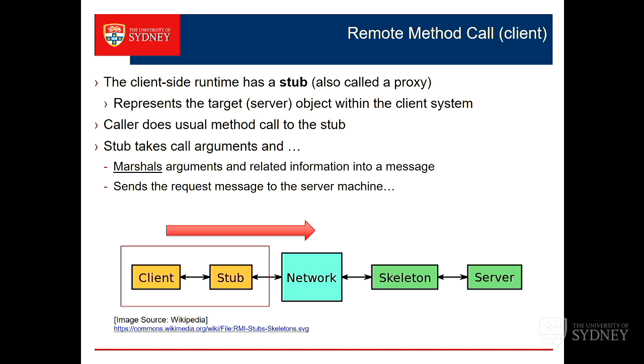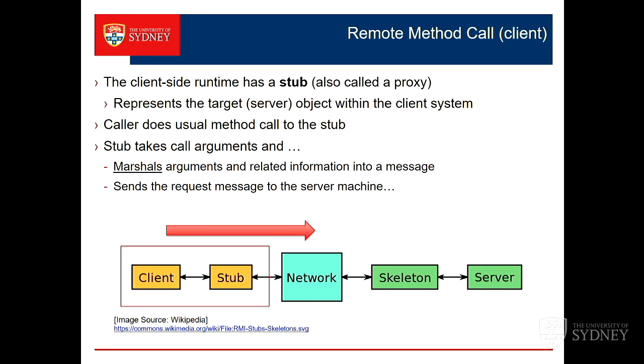The magic word is marshals. That's the jargon word. So we take the parameters and some other things, and we put them into a message, into a request format, and then we know how to send it across the network, and that's the calling side.